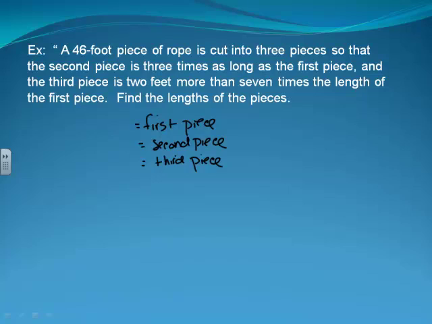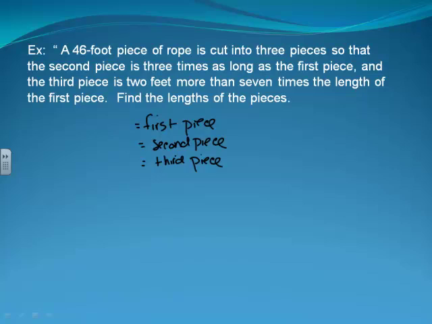One of those 3 has to be x. So the question then becomes, well, which one should you let be x? And does it matter? And the answer is, it doesn't matter. You could work it any way, but it's much easier if you let x represent the piece that everything else is referring to.